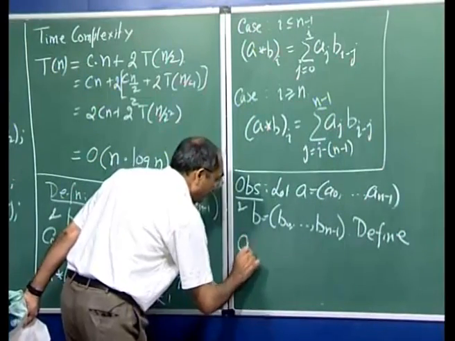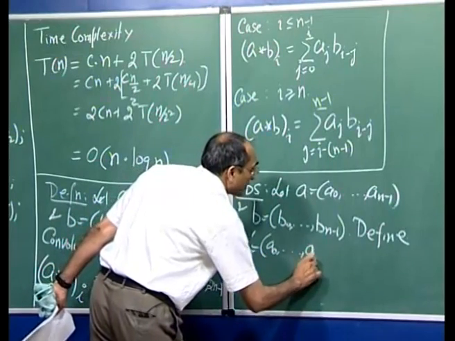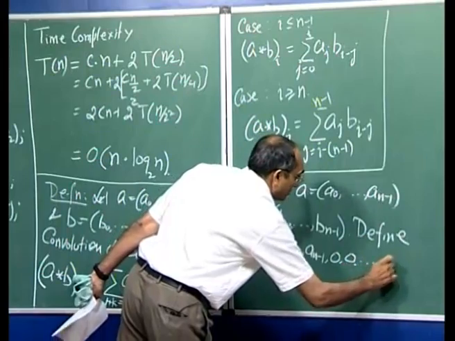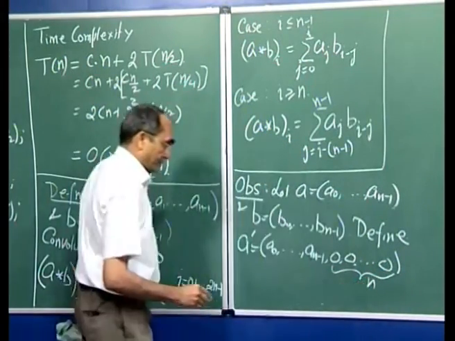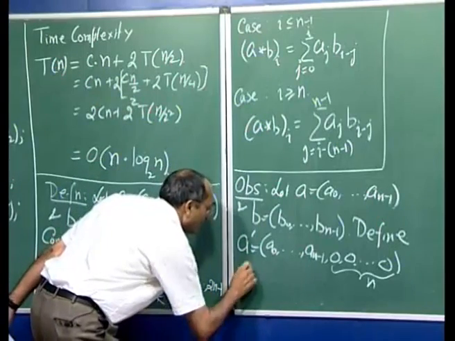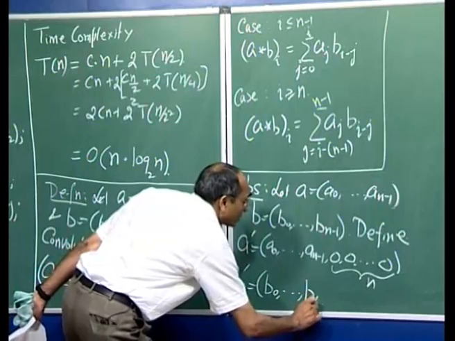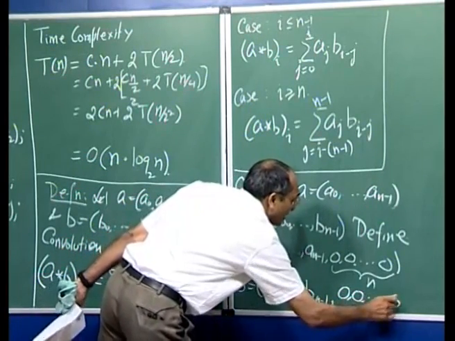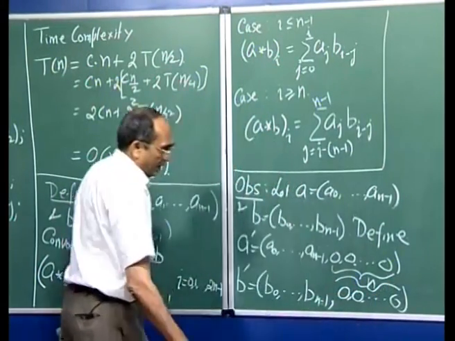your A prime as A0 through A_{n minus 1} and then padded with n zeros. So, these are n of them. Similarly, define B prime as B0 through B_{n minus 1}, then 0, again these are also n zeros.